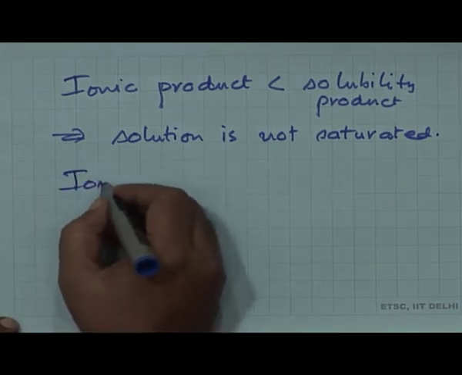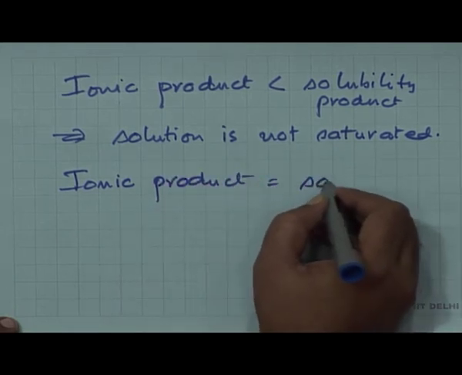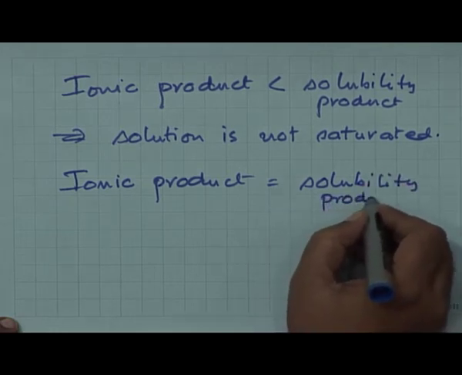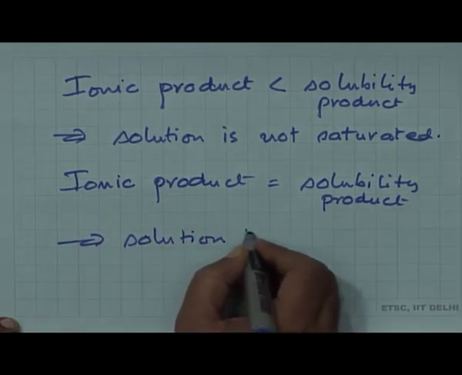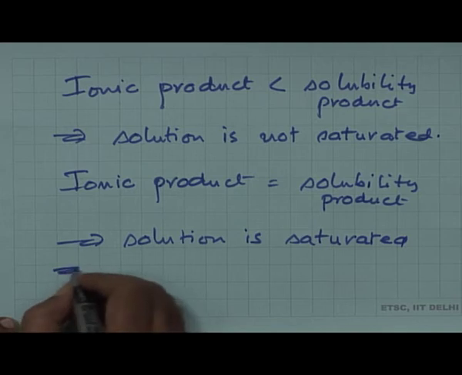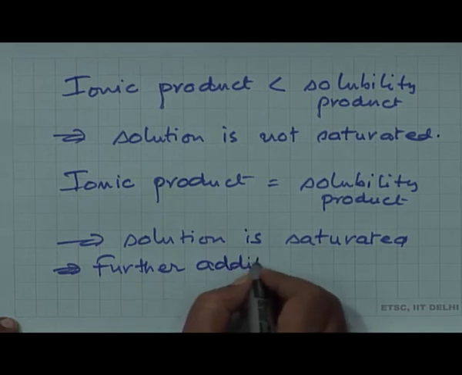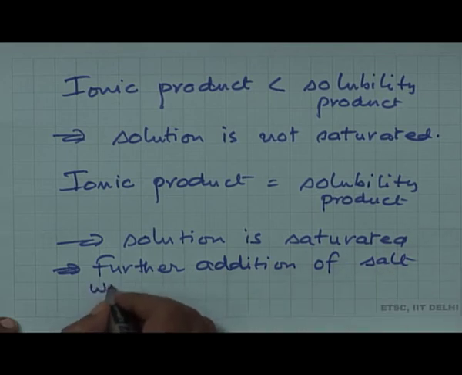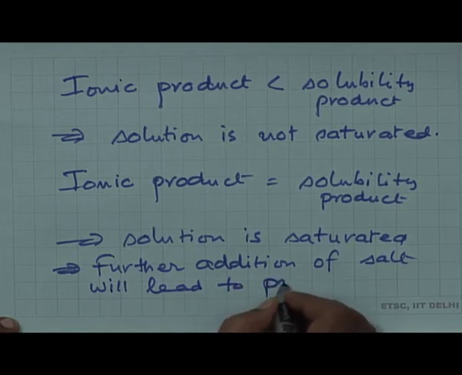When ionic product is equal to solubility product, then your solution is saturated, and further addition of salt will lead to precipitation.